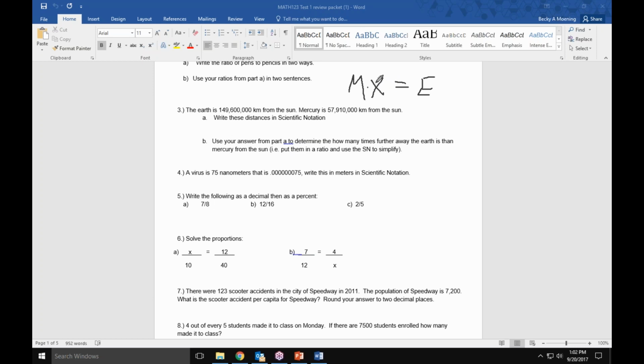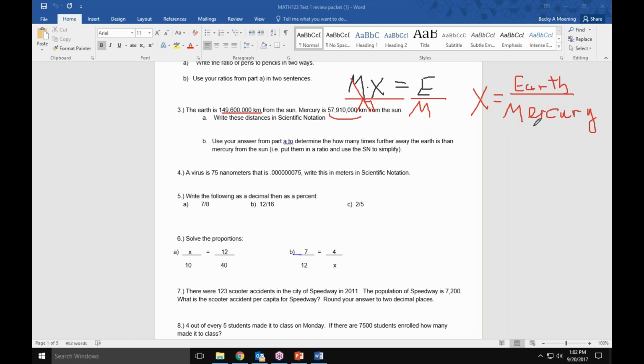All right. Well, if you think about how we would get X by itself, going back to solving our proportion type thing, we would divide both sides by Mercury. So that would give us our value of X equals Earth divided by Mercury. And so thinking through that, here's the Earth, so that number goes on top.